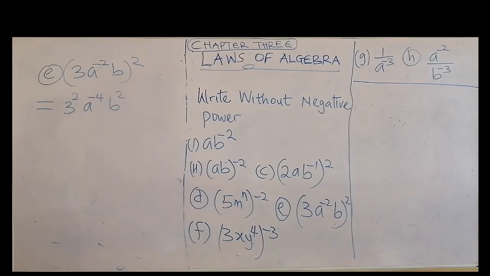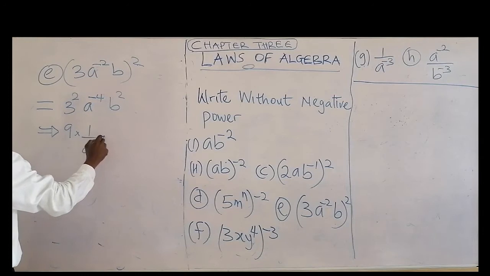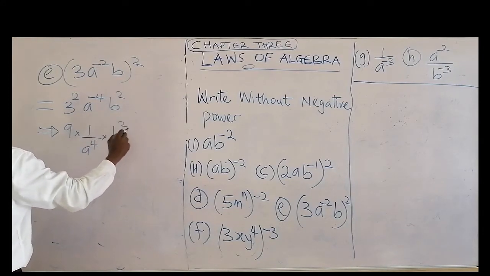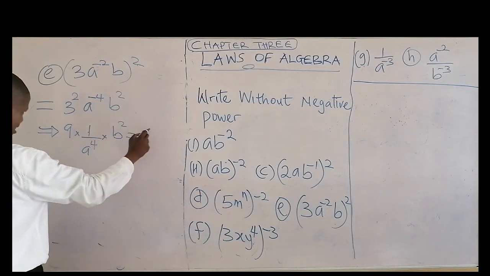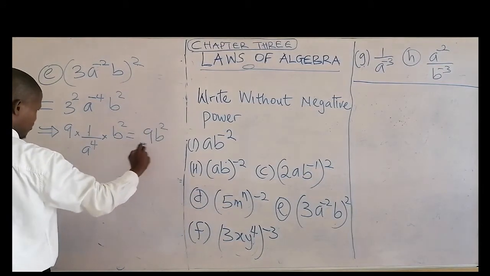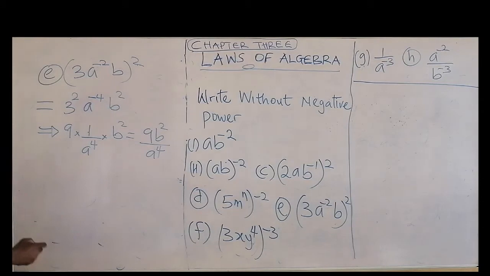So on the final note, this will be 9 times this minus is 1 over a to the power 4 times b squared. So this will be equal to 9 times 1 times this, that's 9b squared over a to the power 4. Okay?